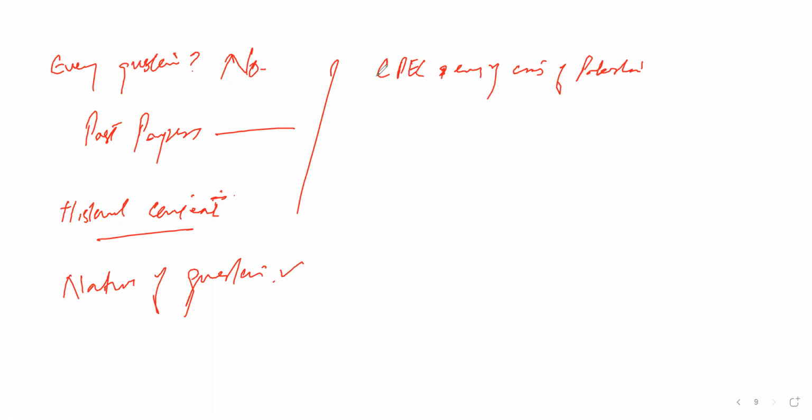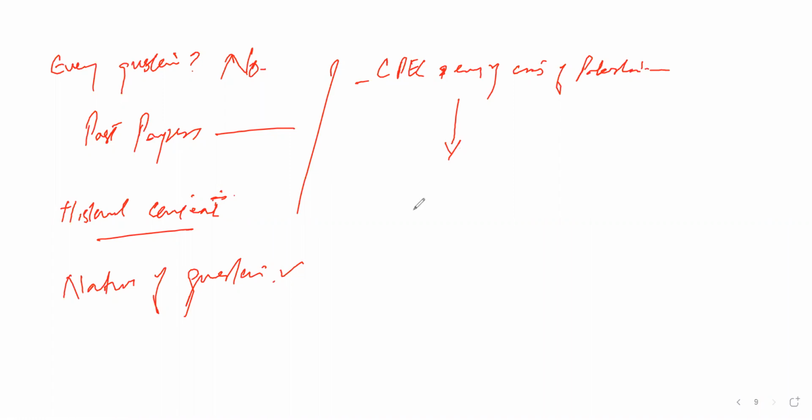There's a question related to this: how would CPEC projects address the energy crisis of Pakistan? Is it an international relations question? First thing, yes, it's an international relations question. But are we supposed to apply level of analysis in this question as well? There is no need to do this.